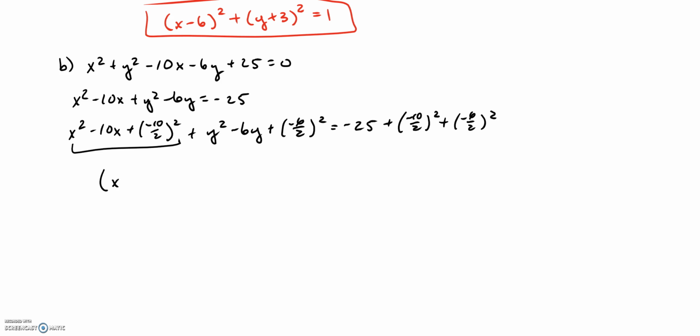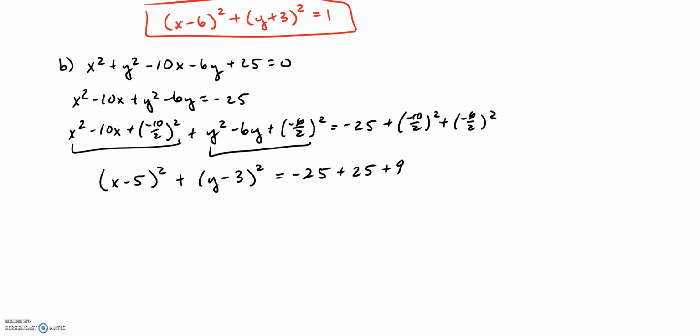This becomes (x minus 5) squared. This becomes (y minus 3) squared is equal to negative 25 plus 25 plus 9. Those are going to go away, so we're just left with a 9.